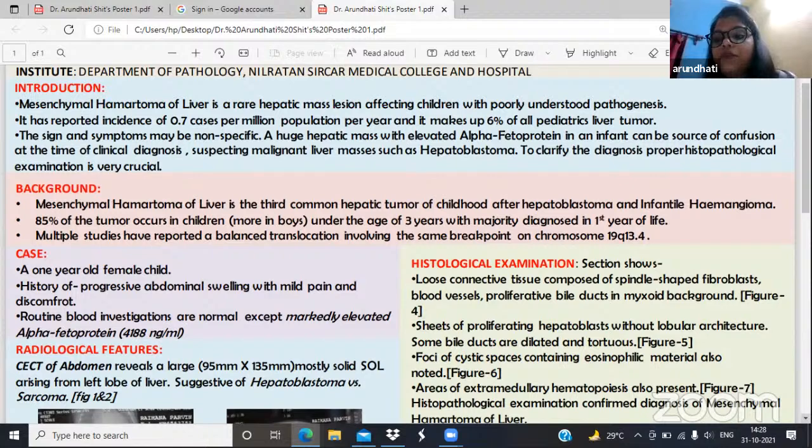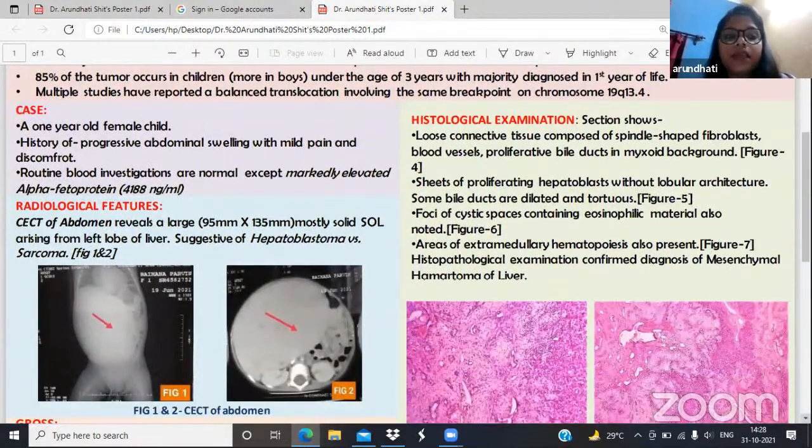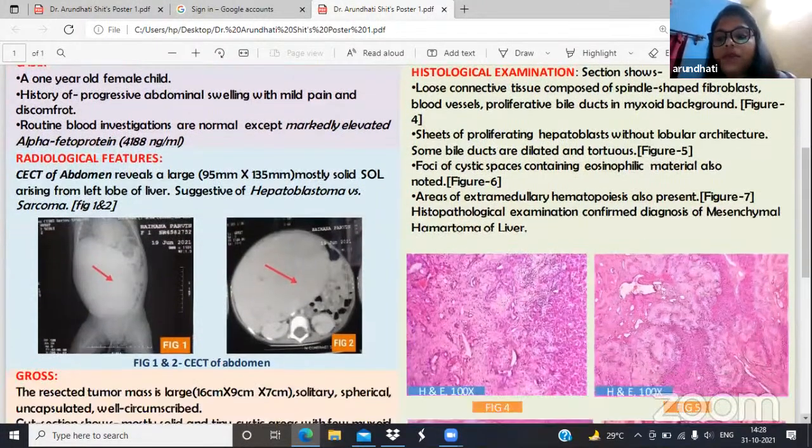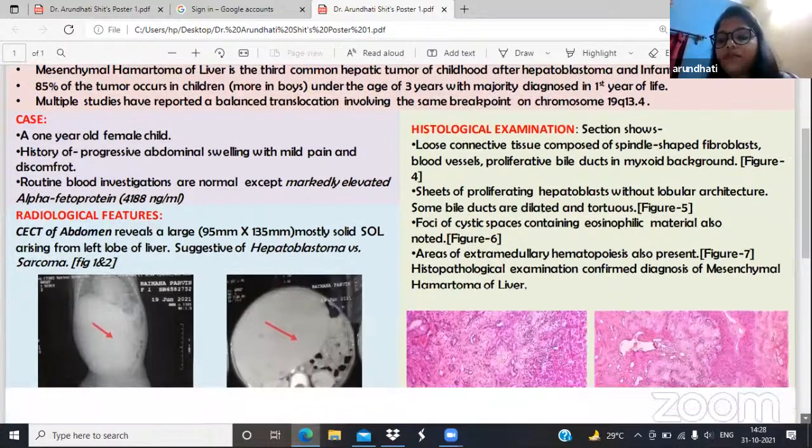Her CECT of abdomen reveals a large, mostly solid mass arising from the left lobe of liver, suggestive of hepatoblastoma or sarcoma. After resection of the tumor, the gross specimen was large, spherical, unencapsulated, and well circumscribed. Histopathological examination shows loose connective tissue composed of spindle fibroblasts, thickened blood vessels, proliferative bile ducts in a myxoid background.